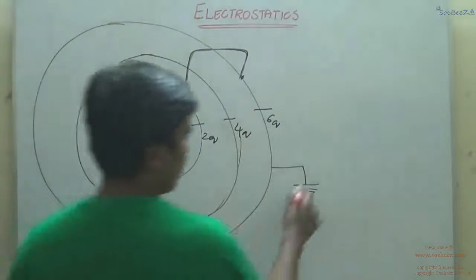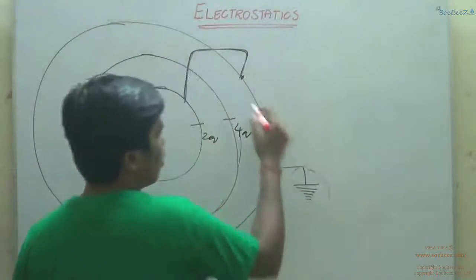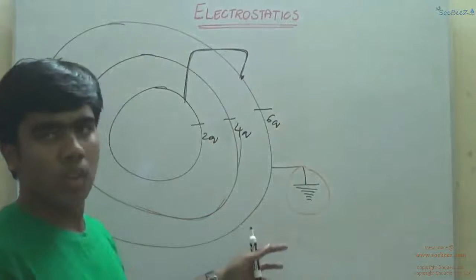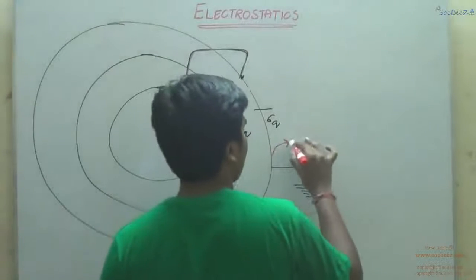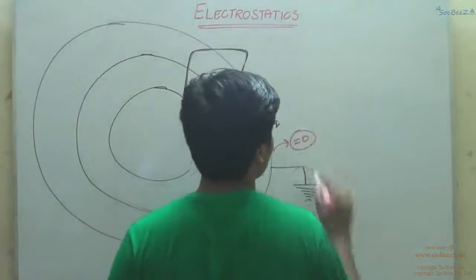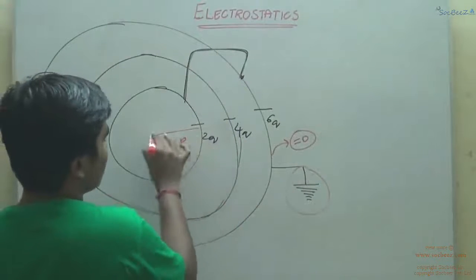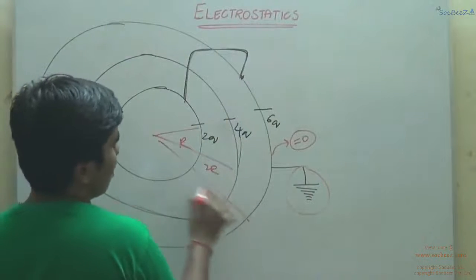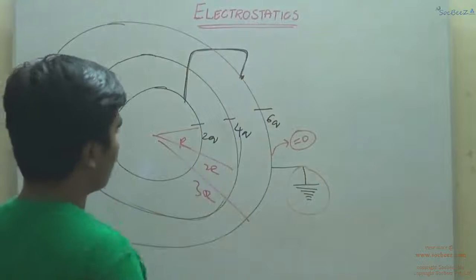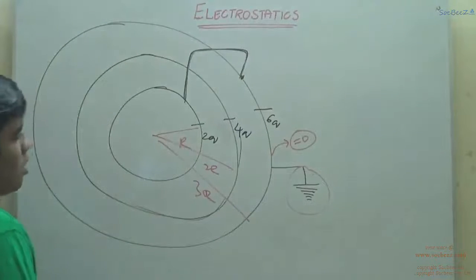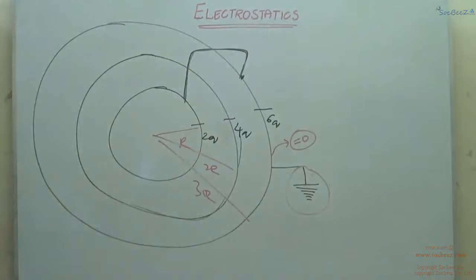Now what does earthing mean? Earthing means that to whichever conductor we earth, the potential of this conductor becomes 0. Now this is R, this is 2R, and this is 3R. So now what is the charge distribution?